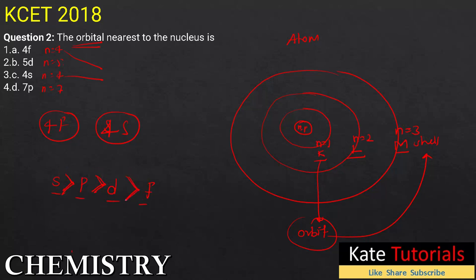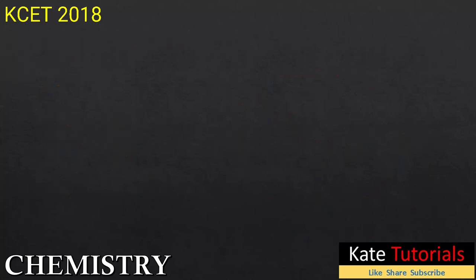Are you getting it? So between 4f and 4s, here n is equal to 4, here also n is equal to 4, but s will be nearer compared to f. So the answer is 4s. The orbital nearest to the nucleus is the 4s orbital within these, right? So this is the second question. The answer is the third one, right?